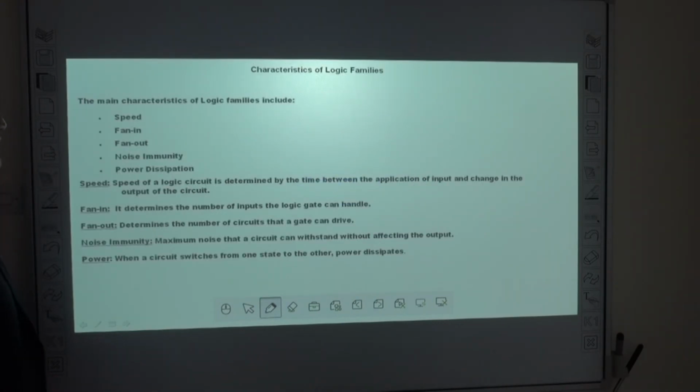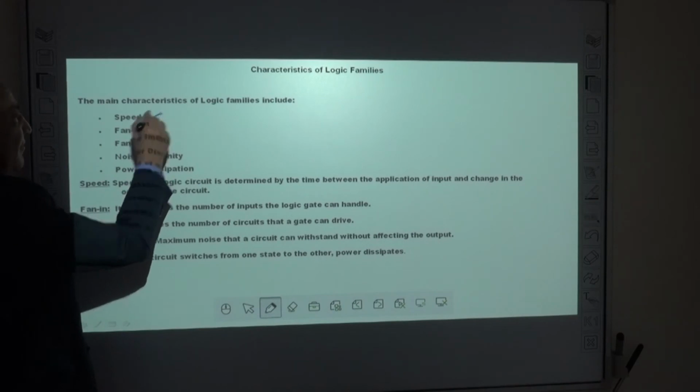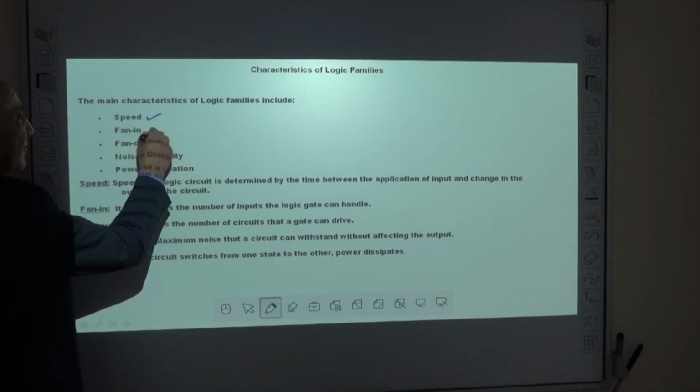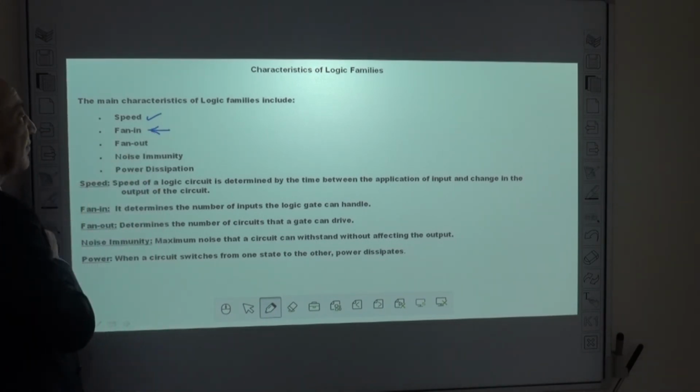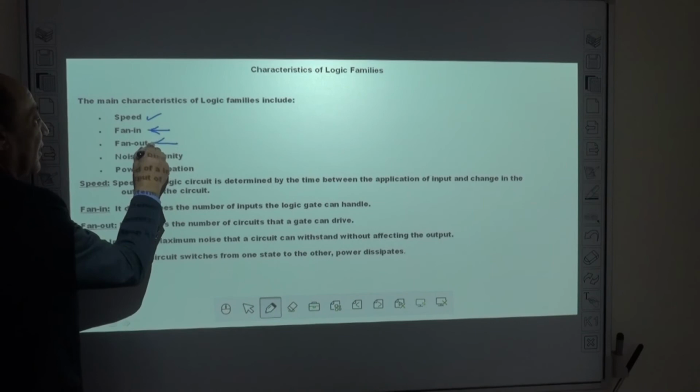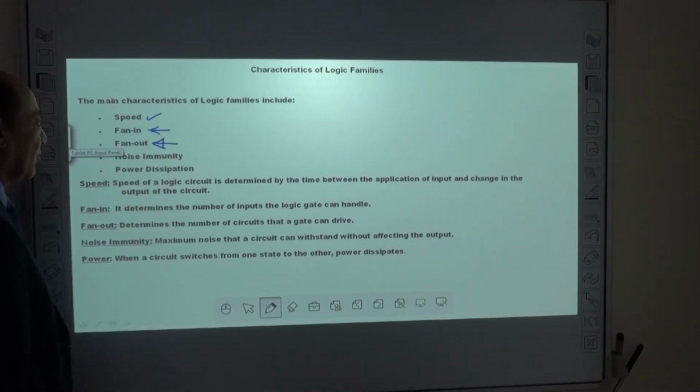The main characteristics of logic families include speed, fan-in, the number of inputs the logic gate can handle, fan-out, the number of outputs that a gate can drive, noise immunity, power dissipation.